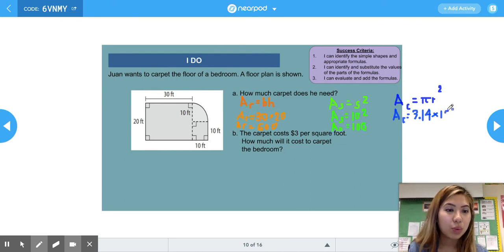So we have 3.14 times 10 squared. According to the order of operations, we have to do 10 squared first, so then we have 3.14 times 100. And then 3.14 times 100 is 314.